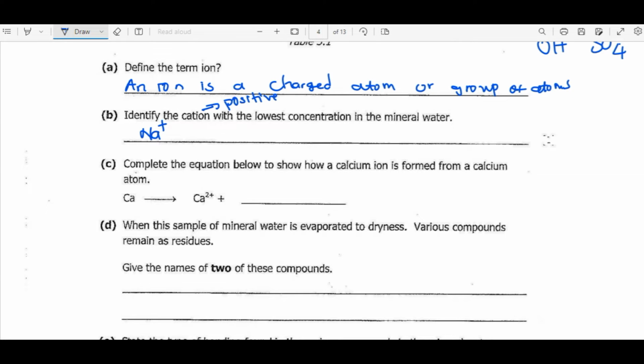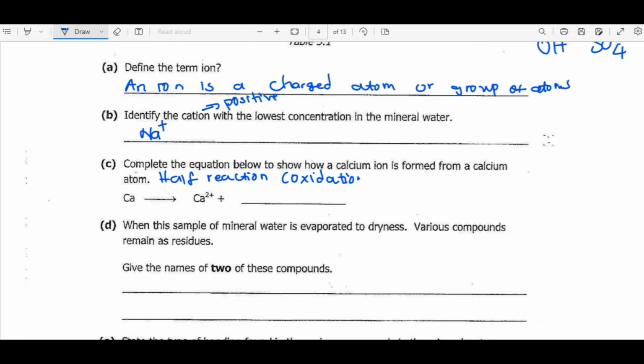Then question C, complete the equation below to show how a calcium ion is formed from a calcium atom. So this equation is known as the half reaction. Now this half reaction is for oxidation. So how do you know that is for oxidation?